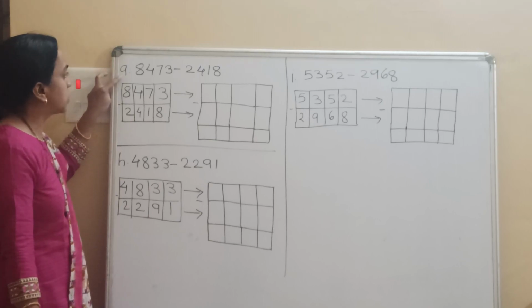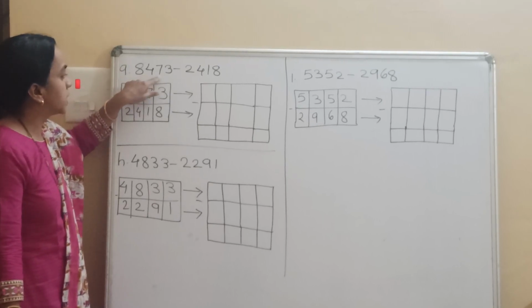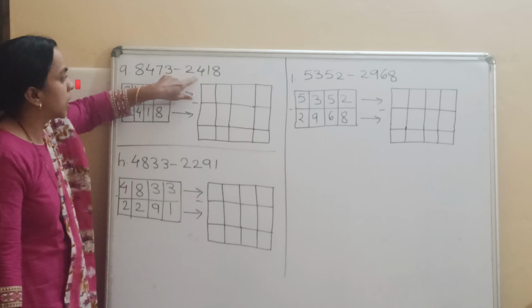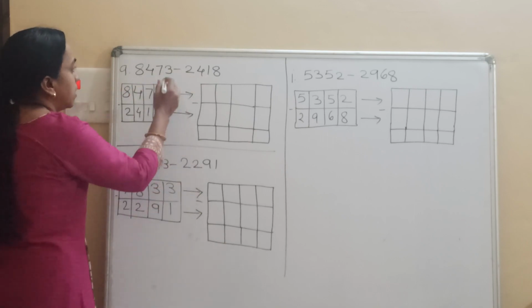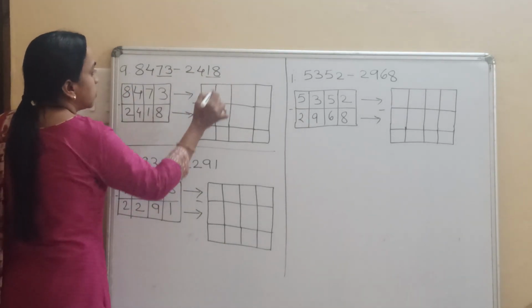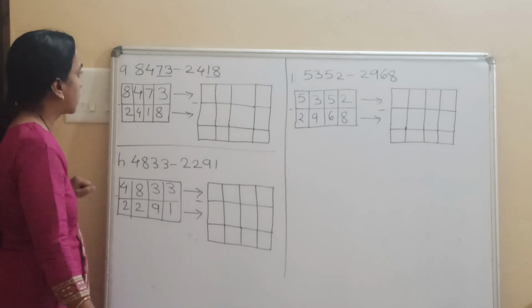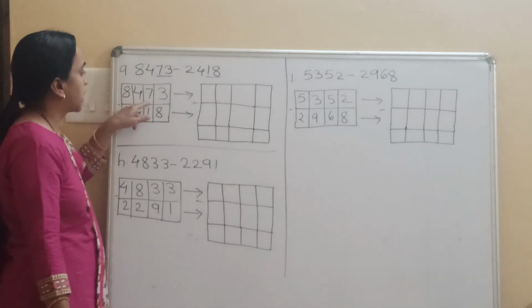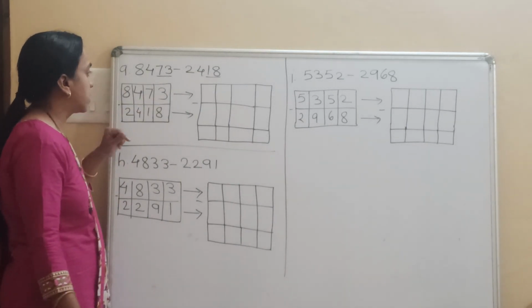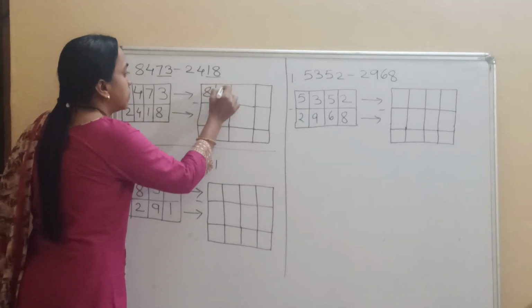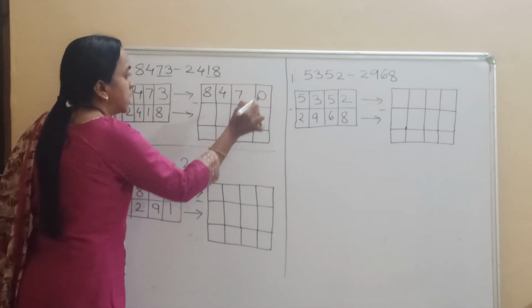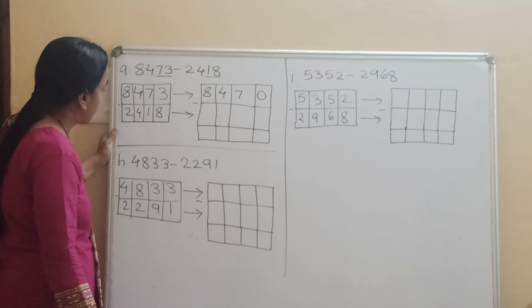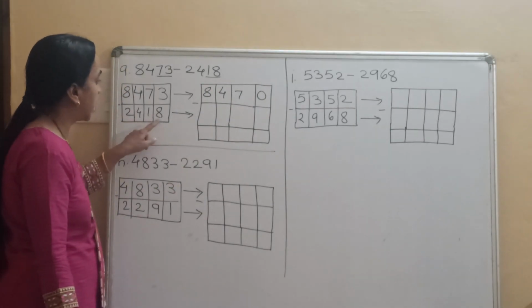Now see G question. 8473 minus 2418. So we have to think about these two digits. Okay. So 8473 is very much closer to 8470. And 2418.